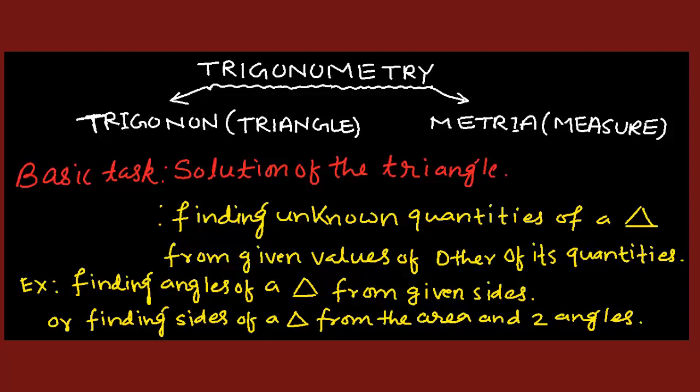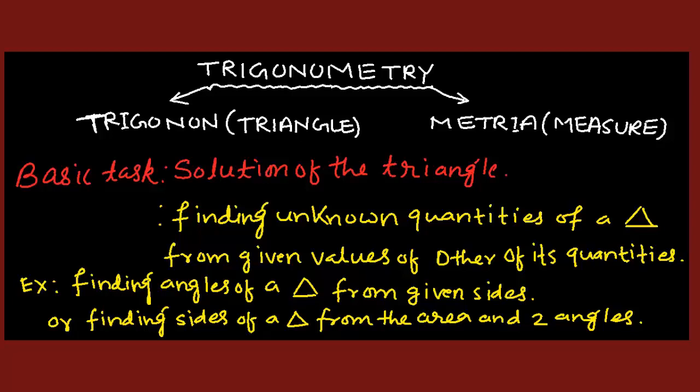Once we say that we have to solve a triangle, what exactly do we have to do? We have to find the unknown quantities of a triangle from given values of other quantities. For example, suppose we have to find the angles of a triangle from given sides.